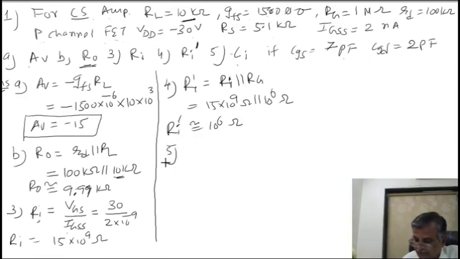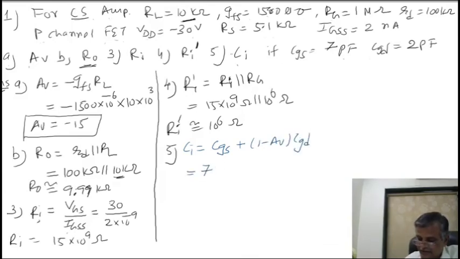Now fifth, they are asking you CI. CI we have already written: CGS plus (1 minus AV) into CGD.